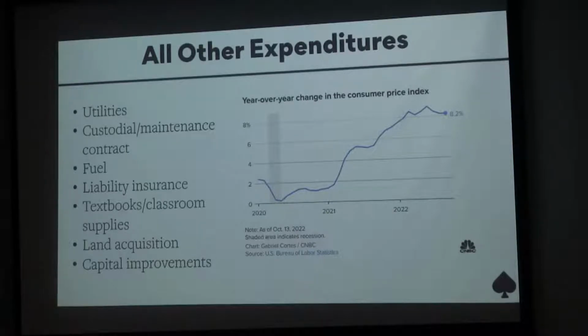So utilities are going up, our custodial maintenance contract is up for renewal this year, so that's our contract with ABM. Fuel, as everyone knows, our liability insurance, just textbooks, classroom supply, materials, those day-to-day things, land acquisition, as well as capital improvements. So these are all significant line items that are really going to be driven by inflationary growth over the next 5 years.